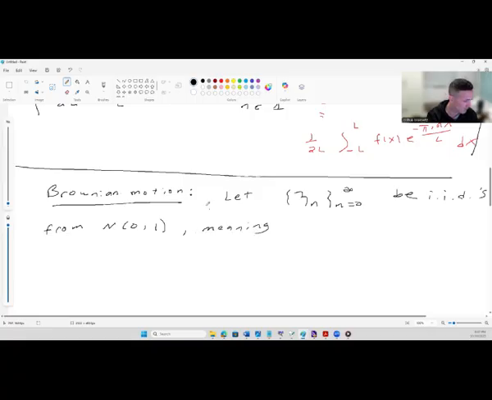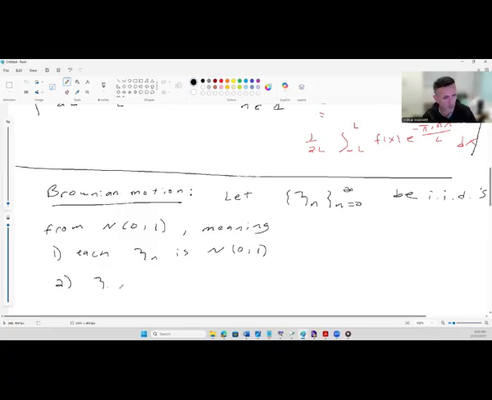So what does this mean? Each one of these is a normally distributed random variable, as I said, mean 0, standard deviation 1. These are independent of each other.